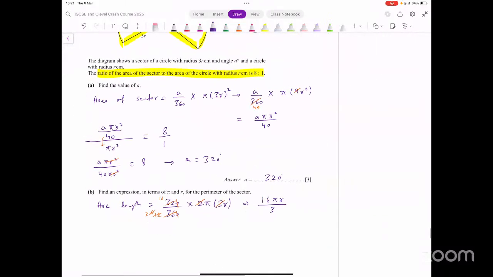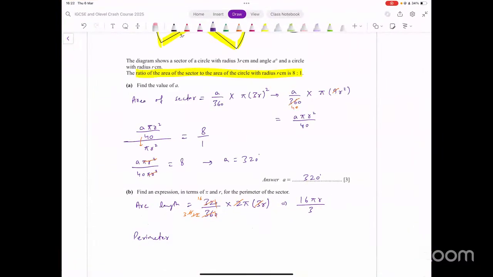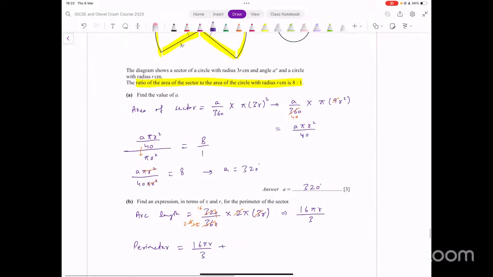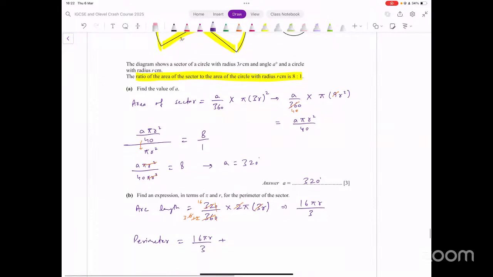Okay. What's the perimeter going to be? Perimeter is the arc length, which is 16 pi r over 3 plus the radii, which are 3r plus 3r.